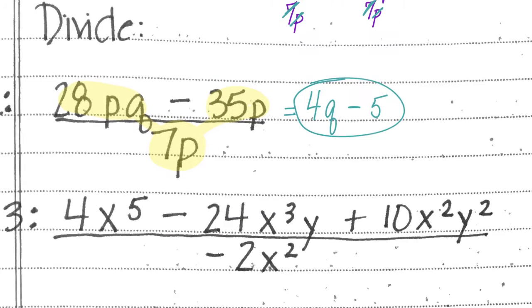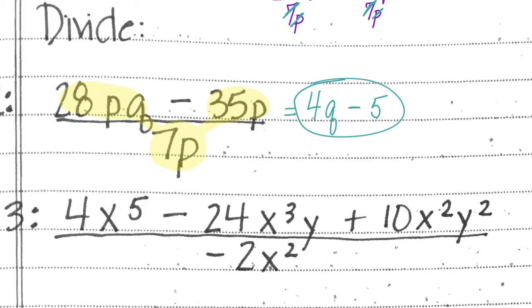Another tough one. I'm going to see if you could do this one. We're taking this negative 2x squared and we are bringing it into 4x to the 5th, negative 24x cubed y, and 10x squared y squared. So I'm going to do this one without writing it out.